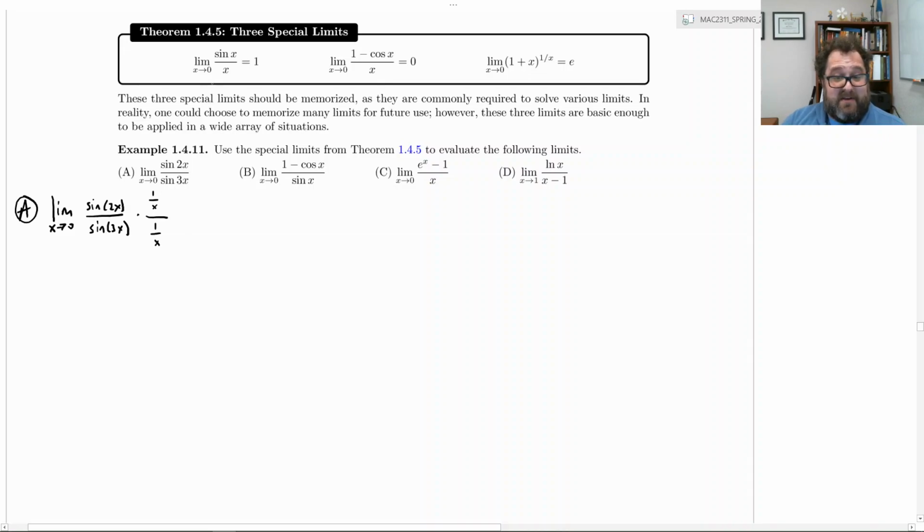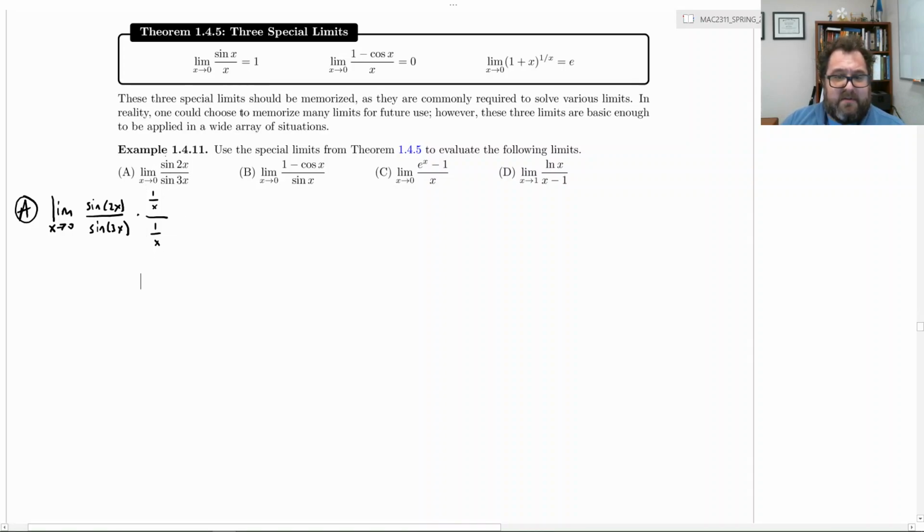So this right here is simply a special version of 1. It's a function divided by itself. That's 1, assuming x is not 0, which the function is already undefined at 0, so that's not a problem.